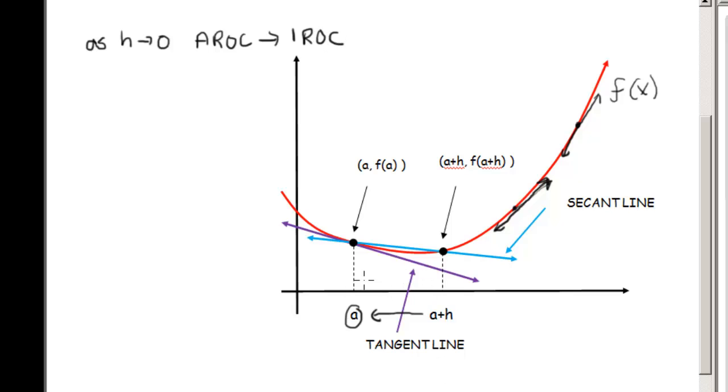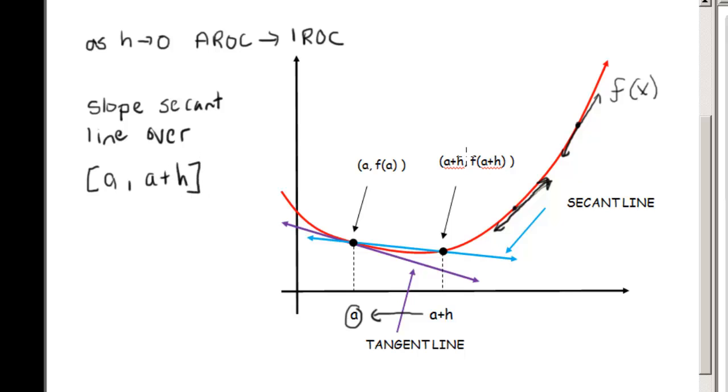So what we're going to do is numerically find the slopes of these secant lines. We can do that because we've got 2 points, and then we're going to choose successively smaller values of h. So if I wanted to find the slope of the blue line, the slope of that secant line over the interval a to a plus h, I would take the change in my y's, so that would be f at a plus h minus f at a, over the change in my x's, so that's a plus h minus a.